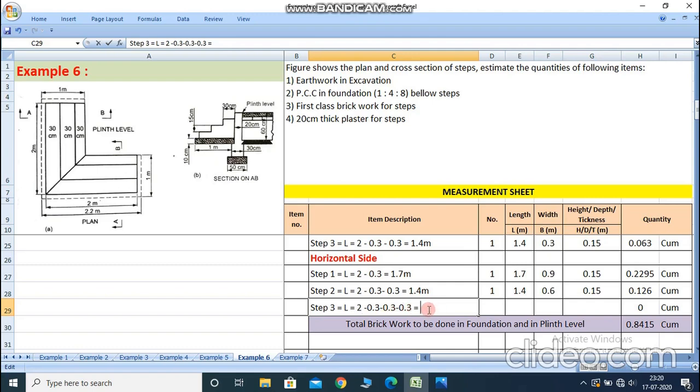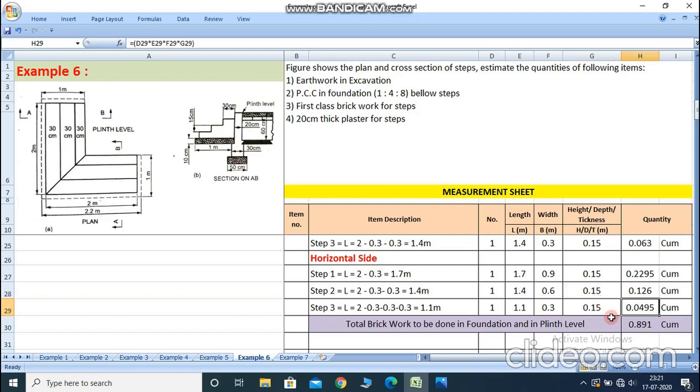So total length is 1.1 meter. So here number we calculated 1, then length is 1.1 meter. Width is already given in the plan part and also in the section part as 30 centimeter, so write here 0.3. Then height is already given for the step as 15 centimeter. Now convert to meter as 0.15 meter.